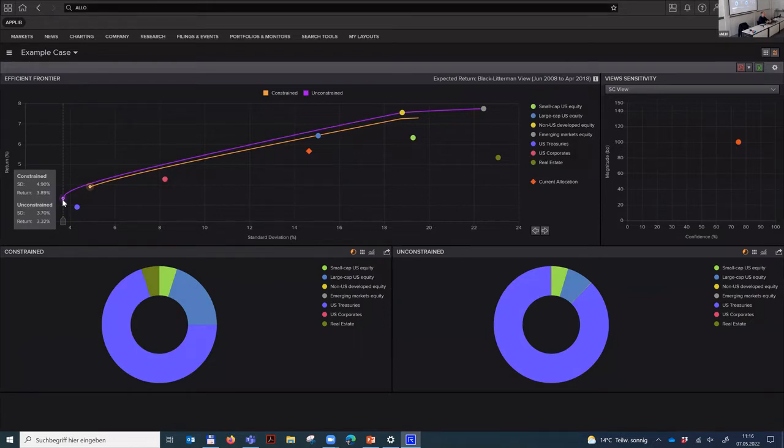So the unconstrained one, you see that on the minimum variance, so on the farthest left-hand side, you see an asset allocation of some small cap US equity, some large cap US equity, and a huge amount of US treasuries, right? Approximating roughly 80.7%.